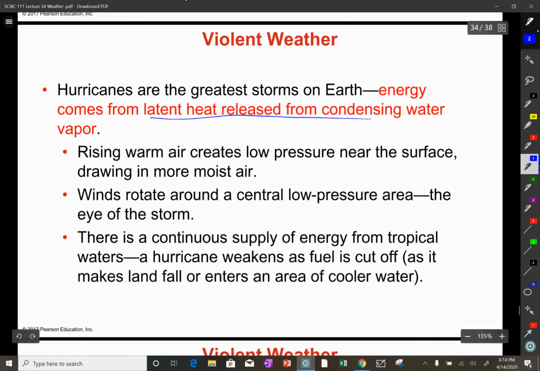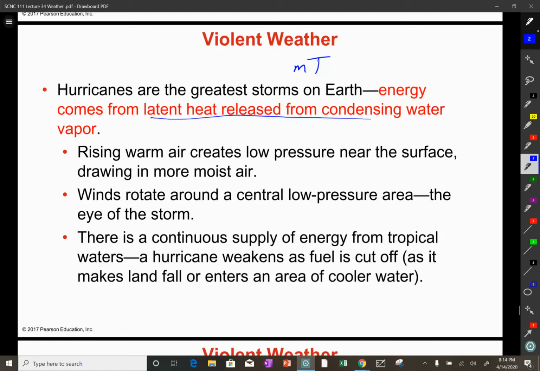That would be maritime tropical, right? Maritime because it's over ocean, tropical because you have to have warm. So they start in maritime tropical situations, and that warm ocean causes warm air above it. That warm air expands and rises up. And so it starts with a low pressure system. So you might hear people talking about a tropical depression.